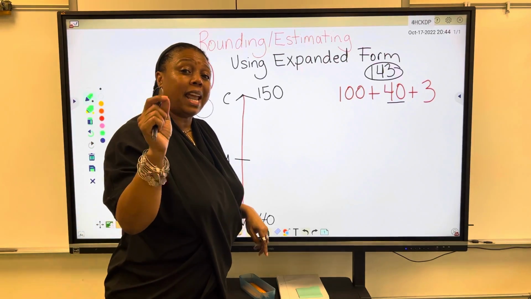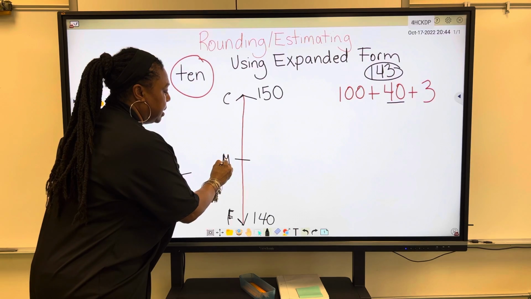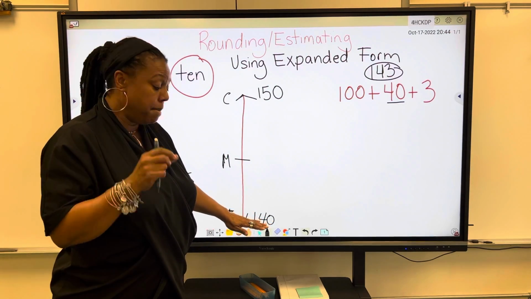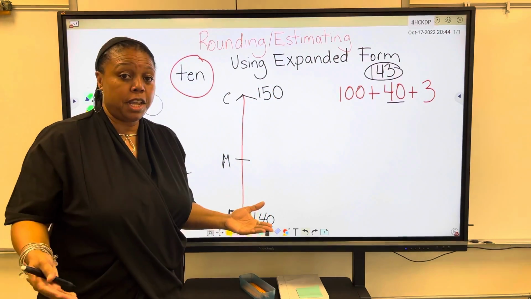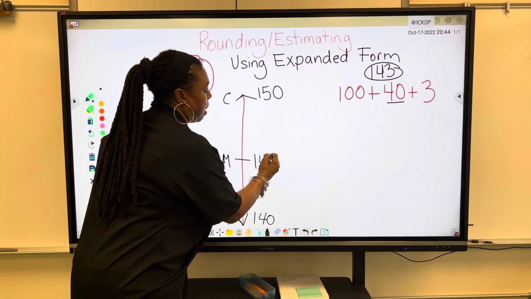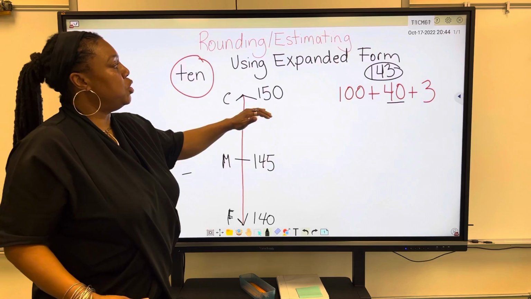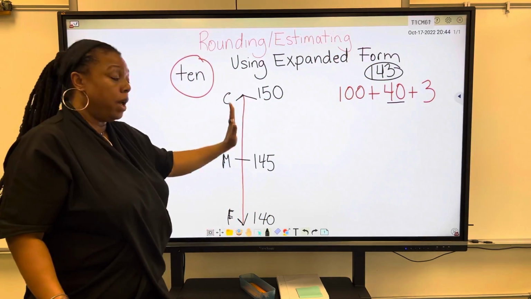But what's really going to help us to figure that out is to figure out what is our midpoint. So we need to know what number is the midpoint between 140 and 150, and that would be, of course, 145.